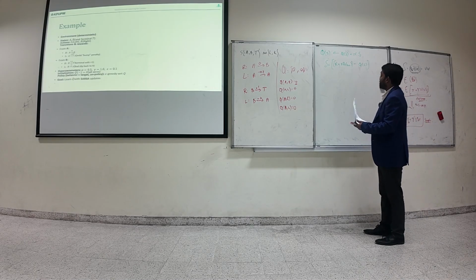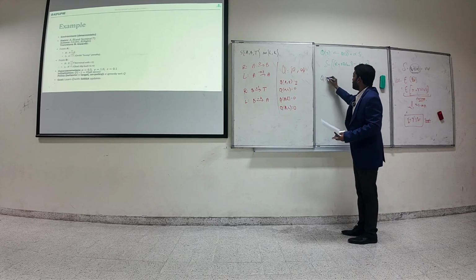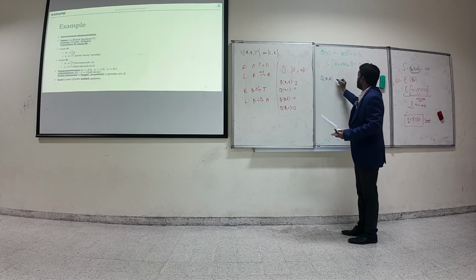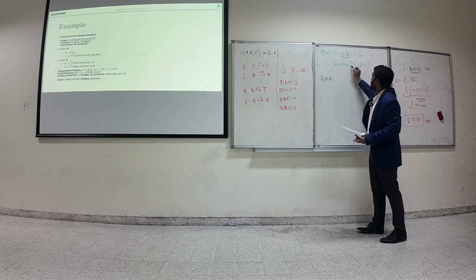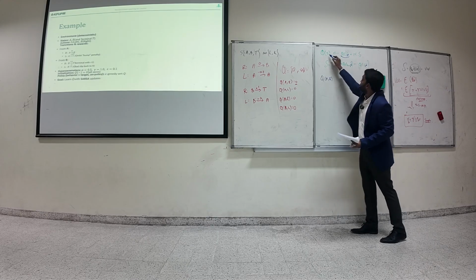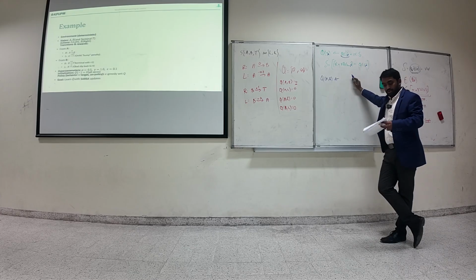So first one, Q of A, R. We are trying to obtain the value of Q of A, R. Everything is comma A here, remember.